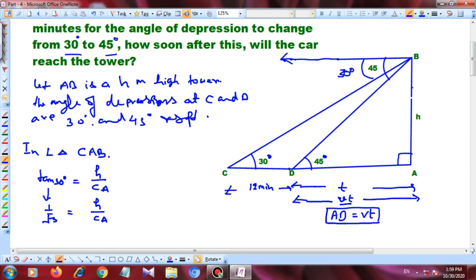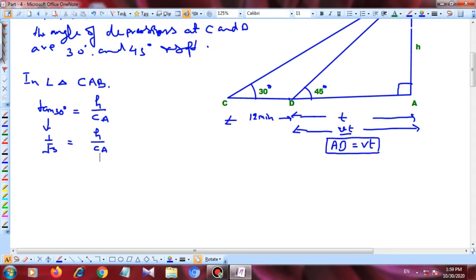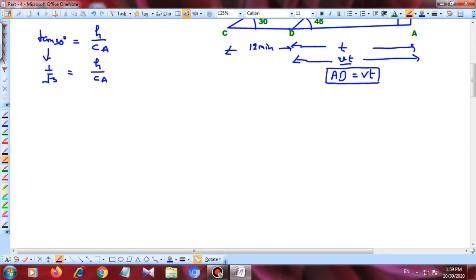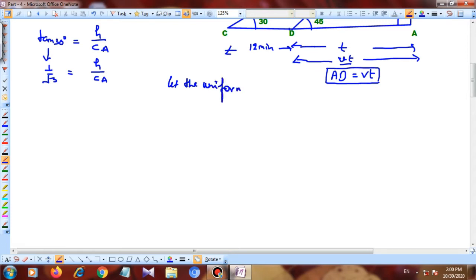Now the CA distance will be, here the speed of the car is given. Let the uniform speed of the car be V meter per second.